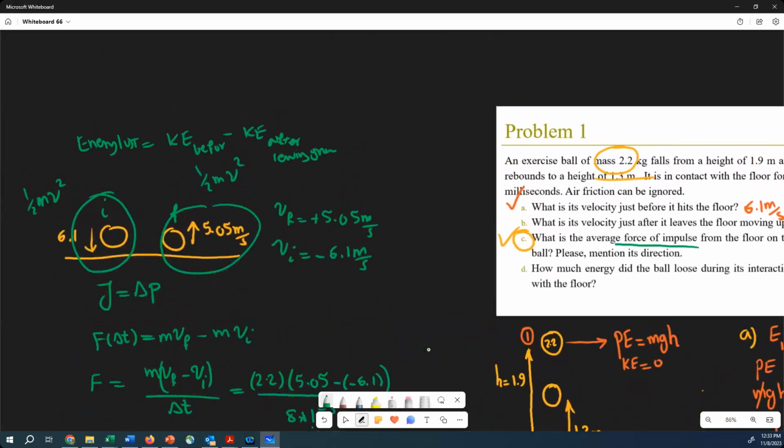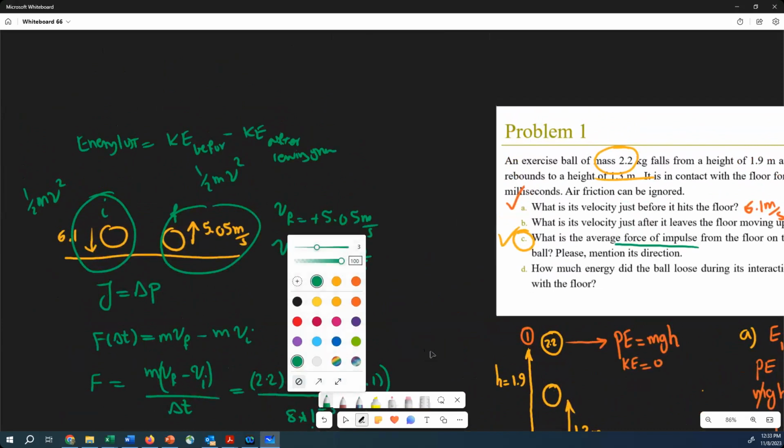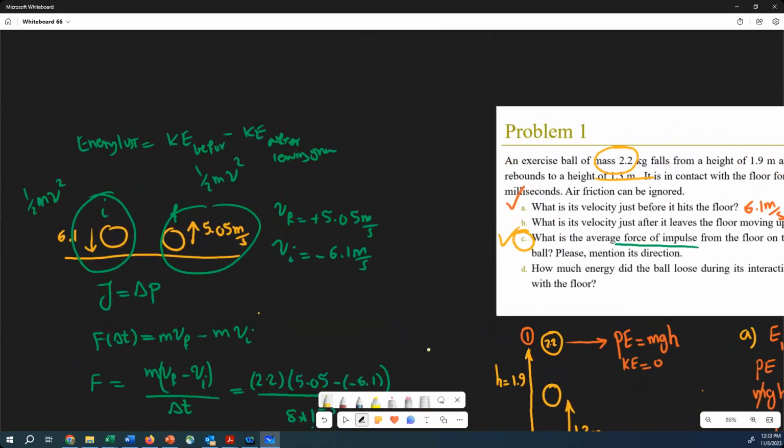Let me change the color. So the energy loss will be one over 2 mass velocity before squared minus one over 2 mass velocity after squared. What is the mass? 2.2.